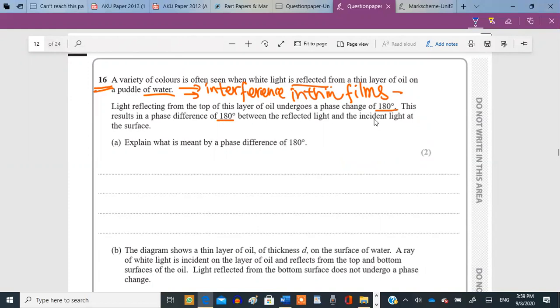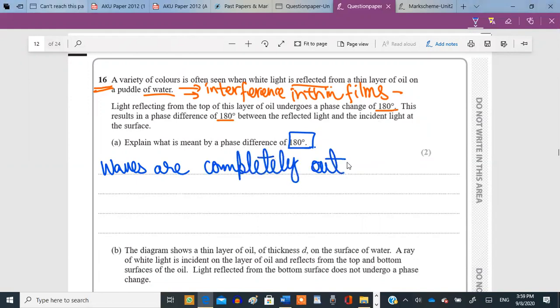Then it says explain what is meant by a phase difference of 180 degrees. A phase difference of 180 degrees actually means that the two waves are completely out of phase, and they'll interfere destructively.